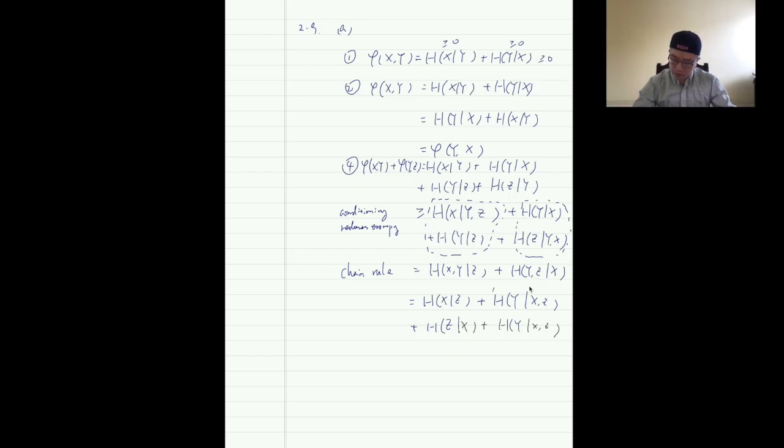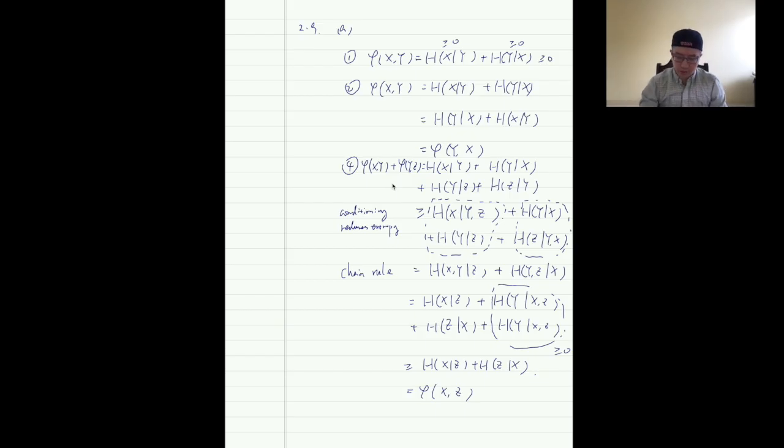Clearly these two are bigger than or equal to 0 by the definition of entropy. And then this is bigger than or equal to H(X|Z) plus H(Z|X), and this equals rho xz. So this is how we prove the fourth property.